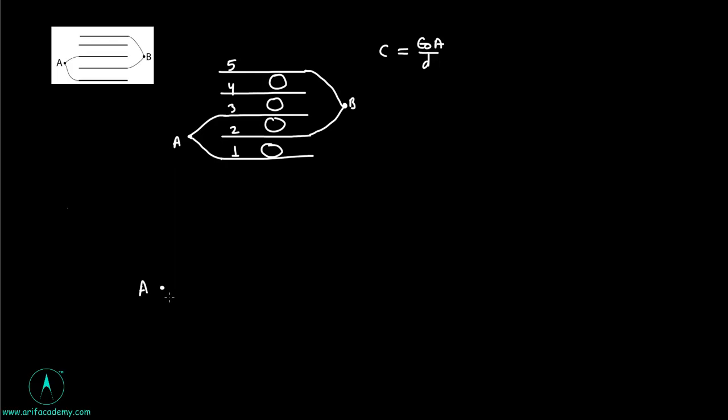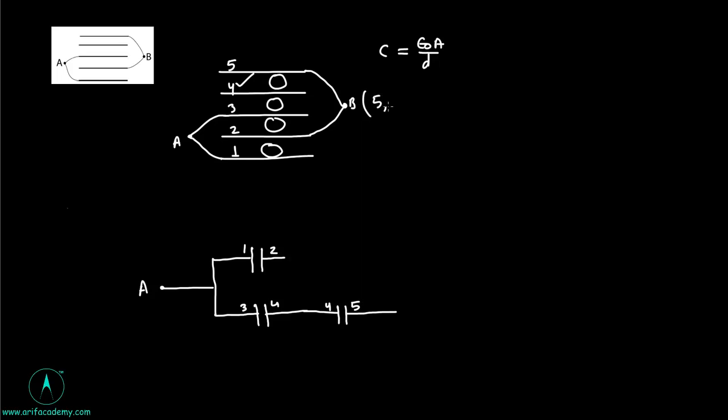This is point A, and the two plates connected to A are plate number 1, which makes a capacitor with plate 2, and plate number 3, which is also directly connected to A, and it makes capacitance with plate number 4. 4 again makes capacitance with 5, and 5 is connected to B.